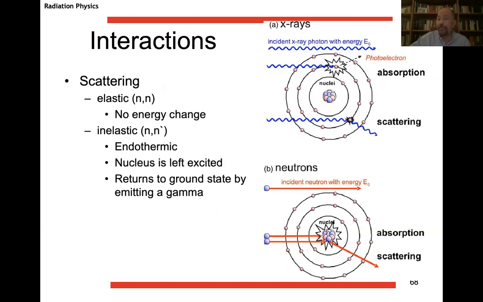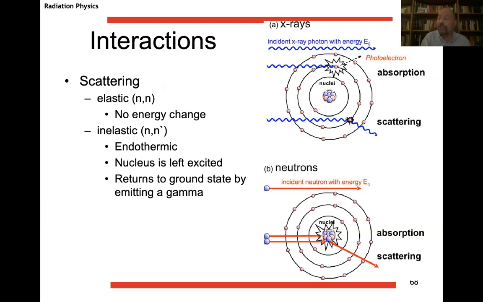Important, sorry if I go back. The important thing to remember is that photons almost always interact with electrons. You remember that you can also have photonuclear interactions with production of neutrons, or photonuclear disintegration, but it's much more likely that you have an interaction with the electrons. Neutrons cannot interact with electrons because they are hadrons and electrons are leptons. They have no charge, and electrons are charged. So the only type of interaction that neutrons can have is with other hadrons through the strong force.